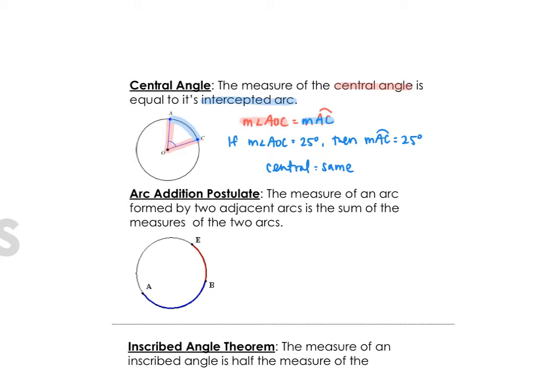To see what I mean visually, the measure of arc AB, which is this arc right here, plus the measure of arc BE, which is this arc right here, is going to be equal to the whole entire arc, the measure of arc ABE.